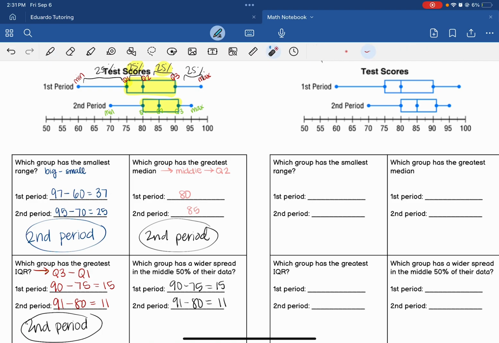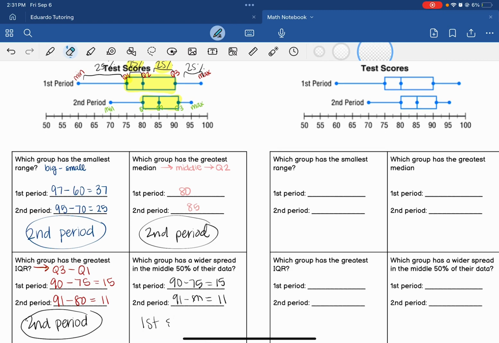Now, the middle 50%, if you notice, is the exact same thing as the IQR, just a different way of saying it. So once again, we get second period has a wider, first period has a wider spread on their data.